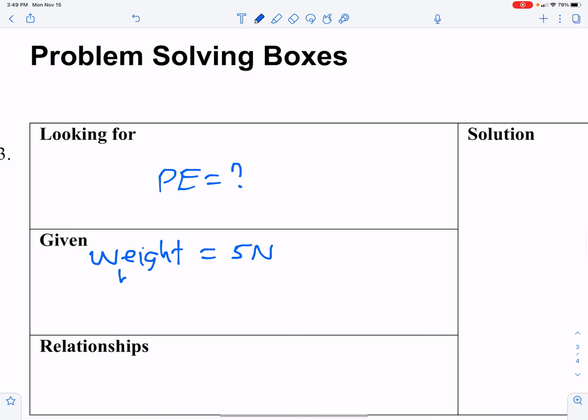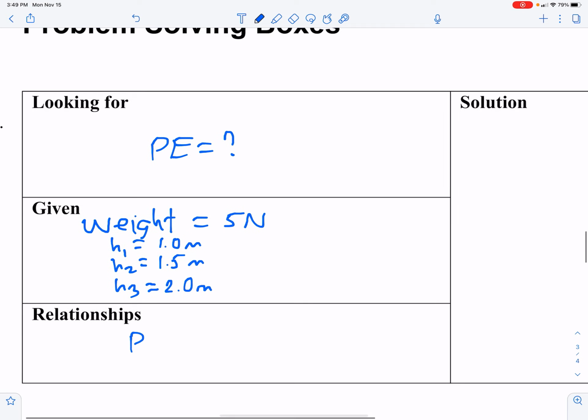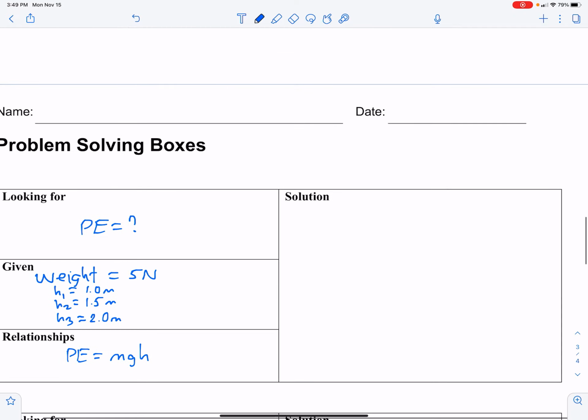You're also given height 1, height 2, and height 3 as 1, 1.5, and 2 meters respectively. The equation is M times G times H for potential energy.